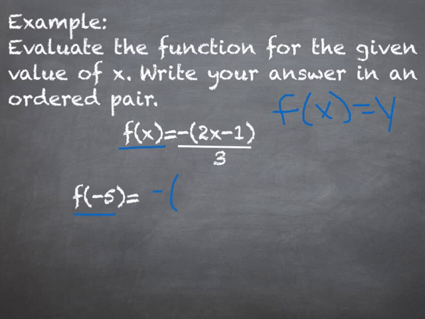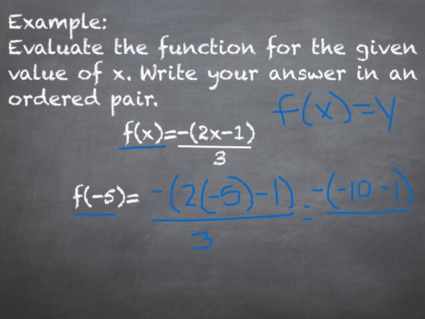So when we plug our numbers in, we get -2 times -5 minus 1, over 3. Order of operations: we'll do our parentheses first, and inside our parentheses, we'll do multiplication first. So -2 times -5 is -10, minus 1, over 3.